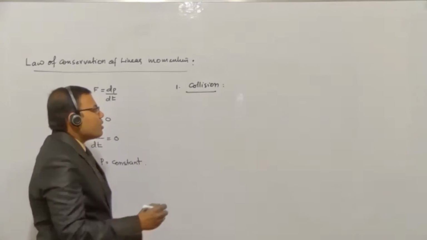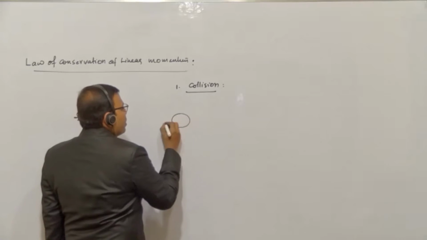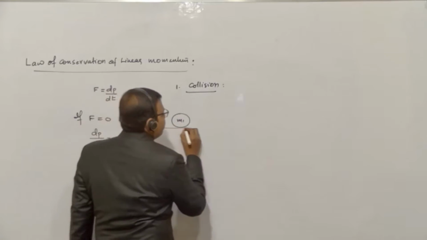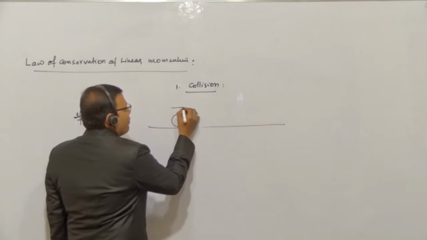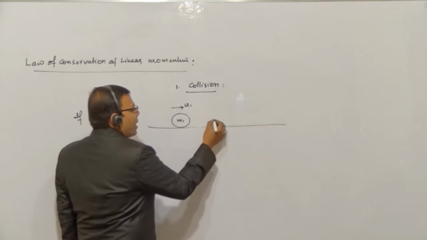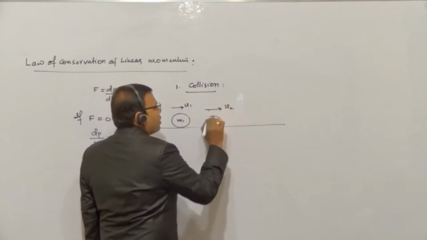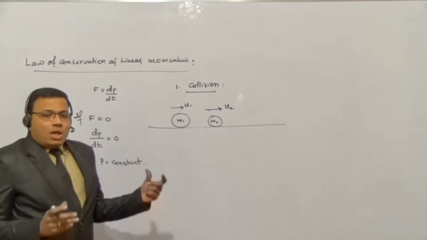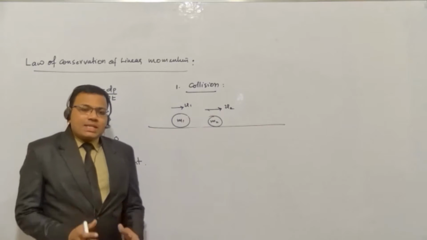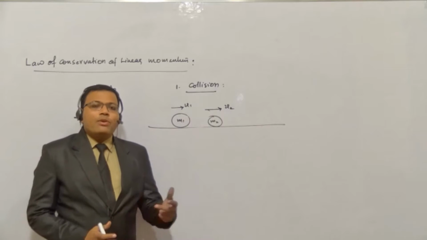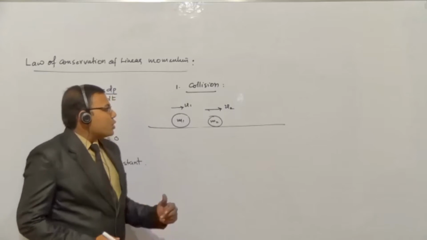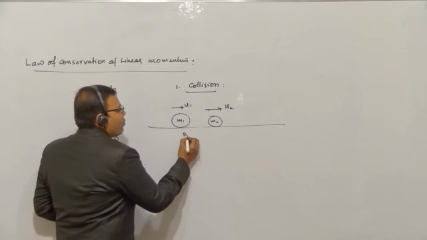Suppose, I'll give you an example. A body is there of mass m1, moving with velocity u1. Another body is there of mass m2 moving with velocity u2. This is the scenario before collision.